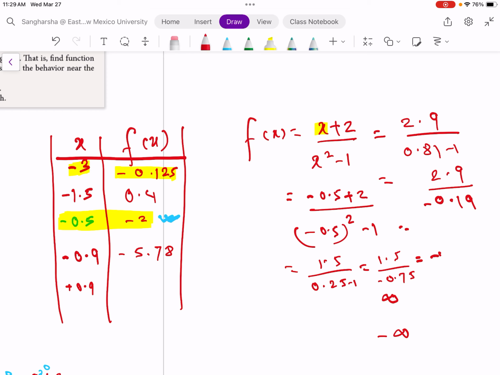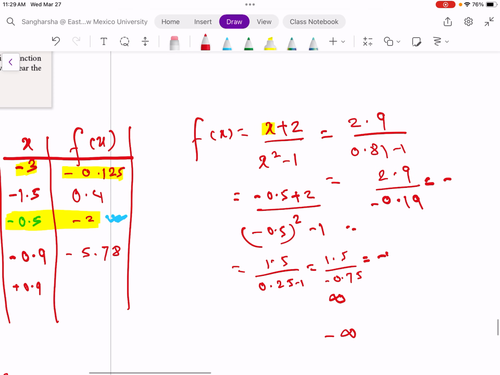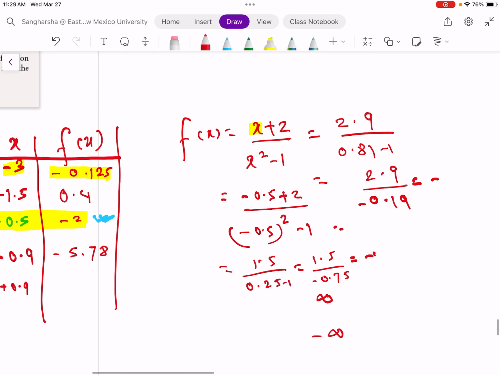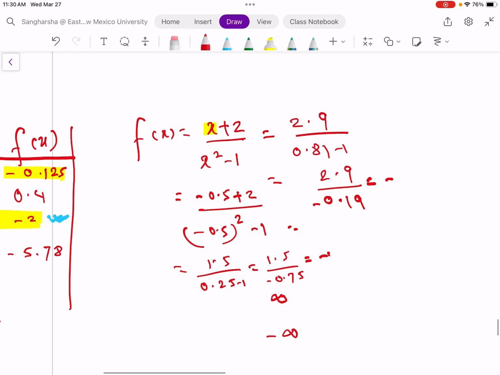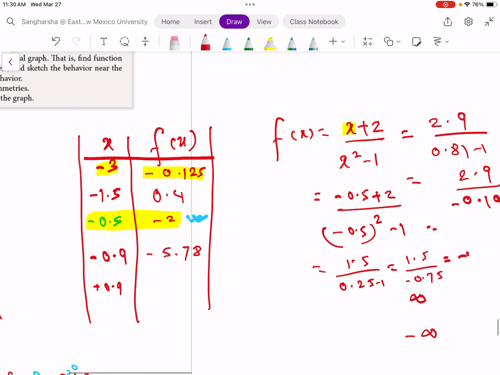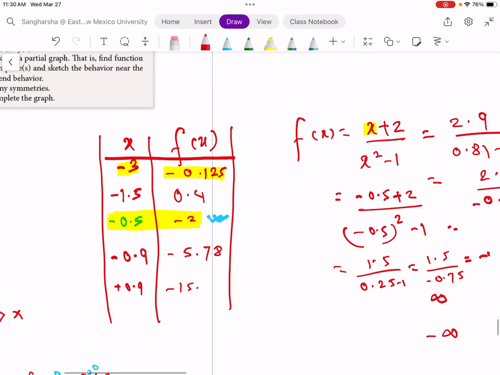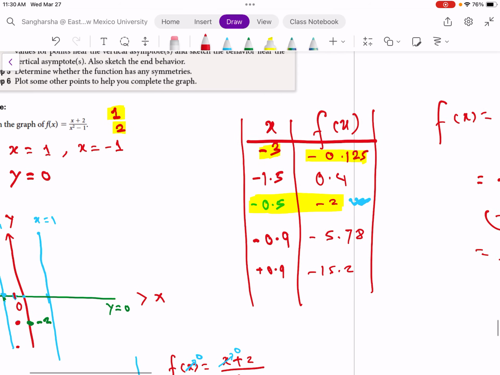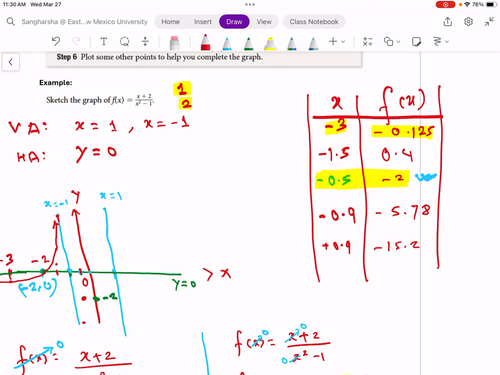Help me with this one. We get negative 15 point something. Let me take this one: negative 15.2 or something.